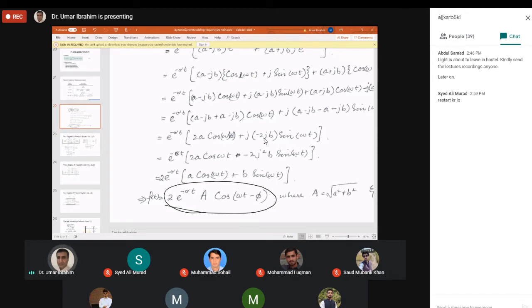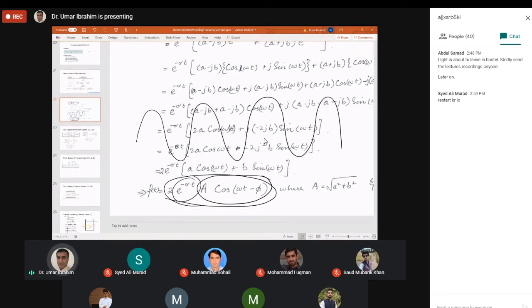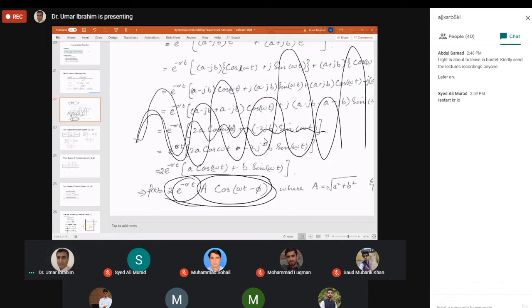So this portion is responsible for oscillation, and this portion is responsible for whether this oscillation decays with time or grows with time. Clear? Students, this is a very important point. Yes, you have to understand this, okay?